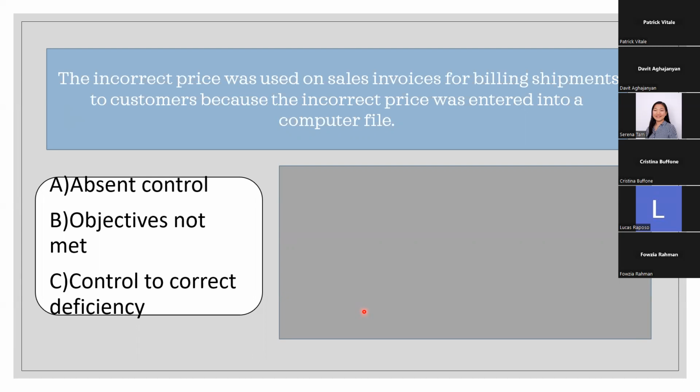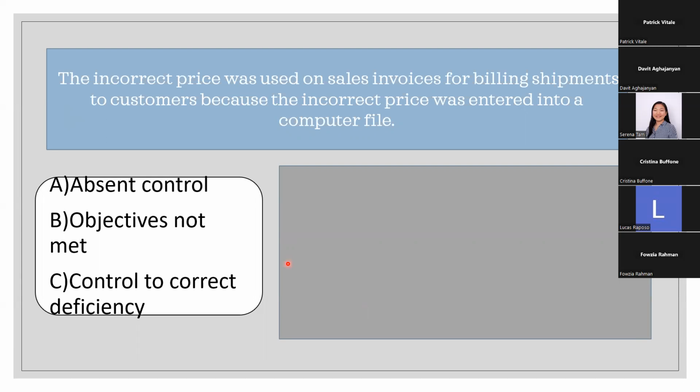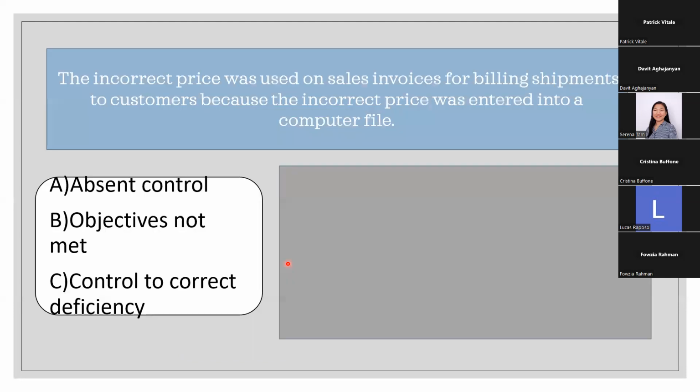Which one of the 5 is it? 2, 2 independent checks. Here we're going to be talking more about adequate documents recorded, because the documents you have at the beginning had a mistake on it, which means you don't have the adequate document recorded, and then you're putting it in the system. That's why you have a mistake.